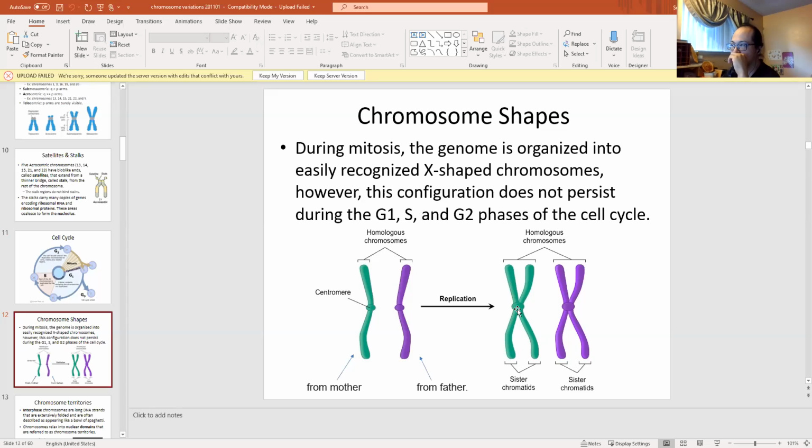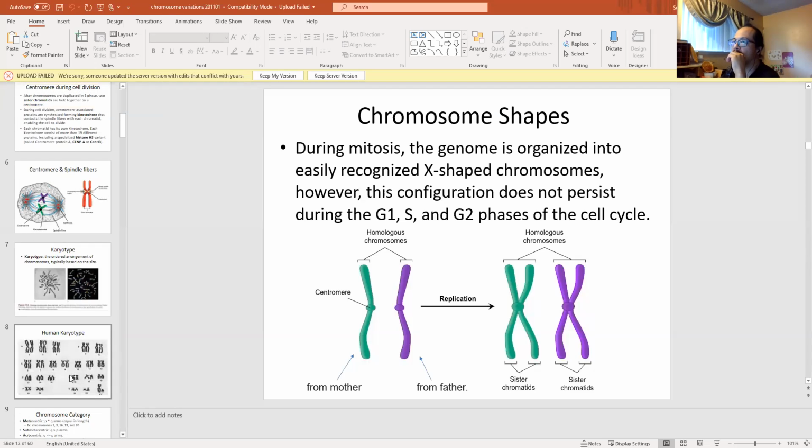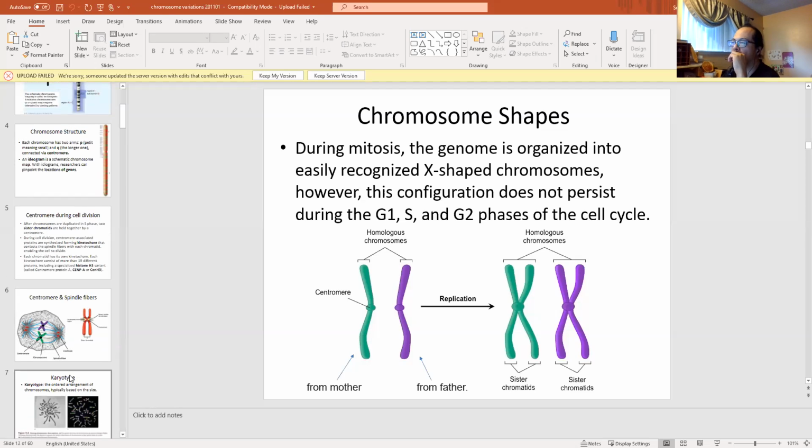This is the centromere. The centromere is the structure that holds the long arm and the small arm, and this is also the region where the two sister chromatids bind together.